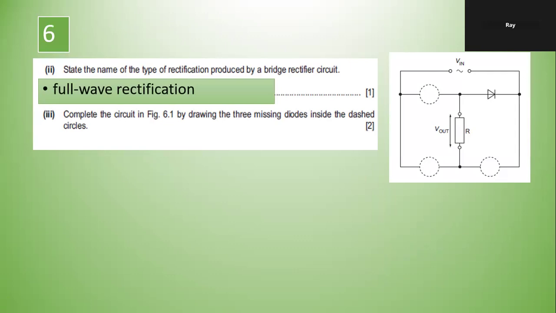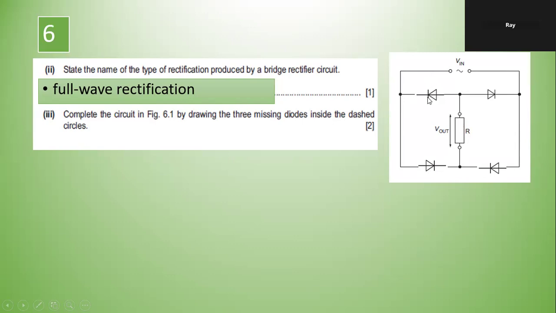And make sure you know how to draw it. Just check. If this is positive, the current cannot go through here. It goes through here, then comes back down there. If this is positive, it has to go through here, there, back there.